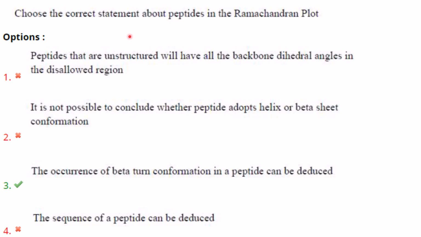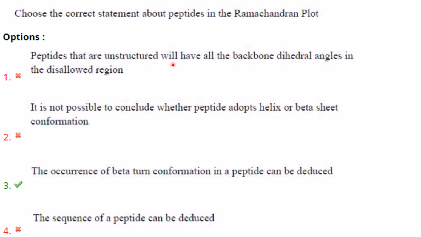You can also see the plot and predict the secondary structure of the protein. You can find the beta sheets and alpha helices in the Ramachandran plot. Okay, now come to the options.